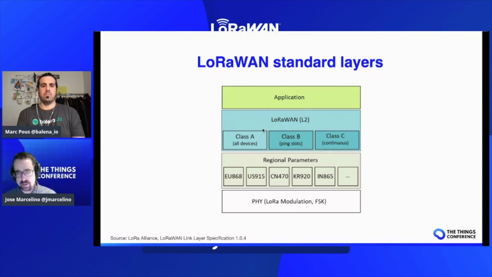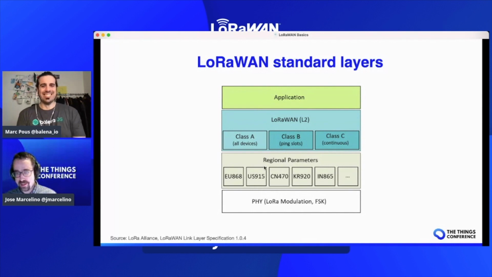Class A, which is generally what you use, is devices which send to the LoRa side, to the cloud, and then wait for a reply. So they're not always on. Then we have class B, which are smarter nodes, which are able to know when the network will be sending data to them. And also class C, which just means the device is always listening for commands from the network side. But you don't need to understand all of this, don't worry.